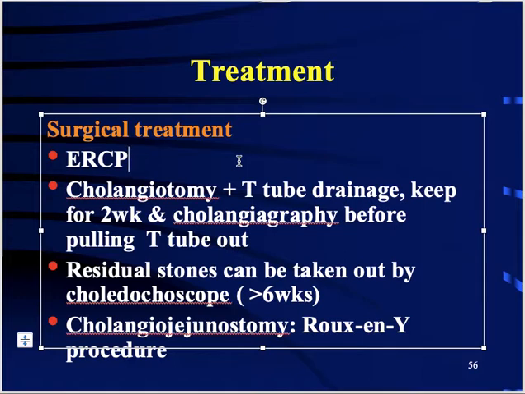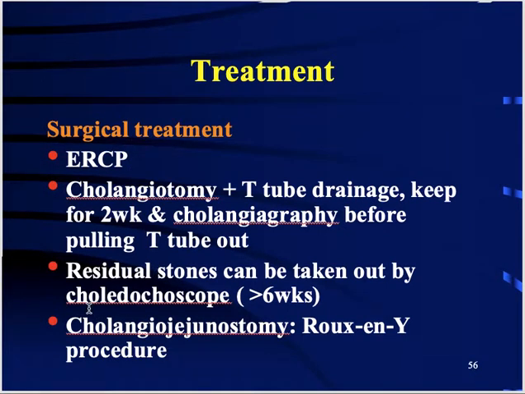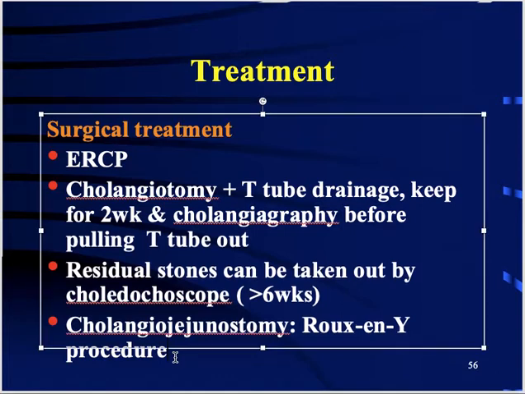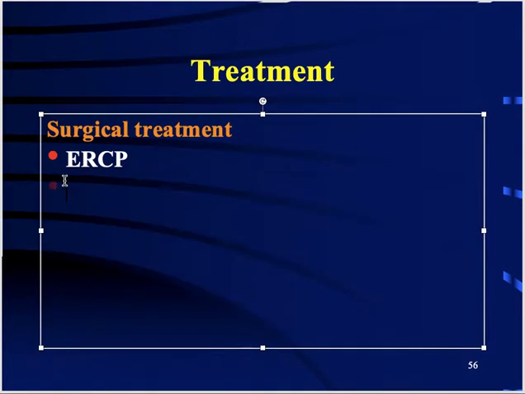Other things available in these patients are a T-tube drainage, which we can keep for 2 weeks, and then cholangiography before pulling the T-tube out. Sometimes we can do a choledochoscope, cholangiojejunostomy. Okay, so there are many procedures, but let me rephrase them.